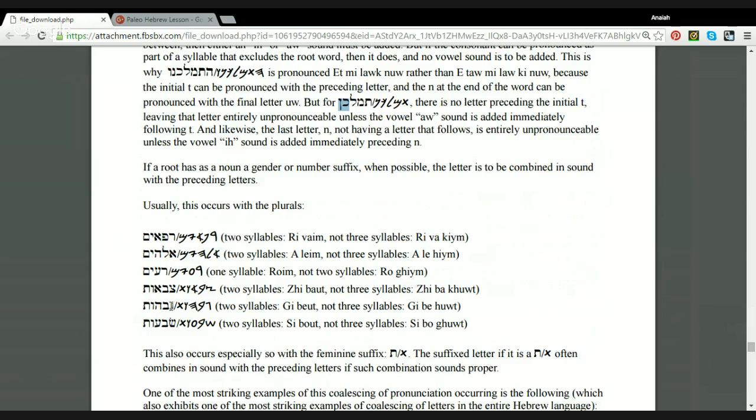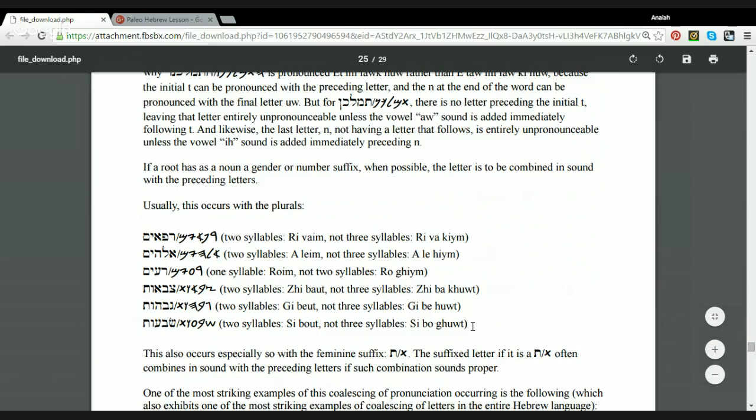And then right here, I say Gebut instead of Gebehut. And right here, this is weeks, or sevens. Instead of saying Sibogut, it's just Sibout. It's Sibut. That's how I'd say it.